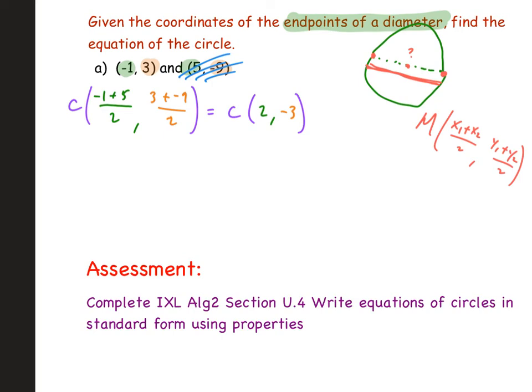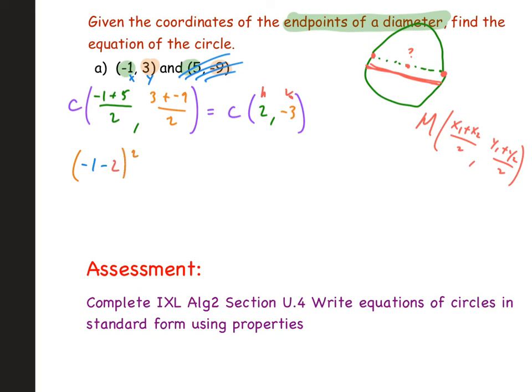Again, make sure that this is your h and your k, and then these guys over here, your x and your y. Make sure you put it in the right order. So x minus h, so -1 minus, and h is 2.